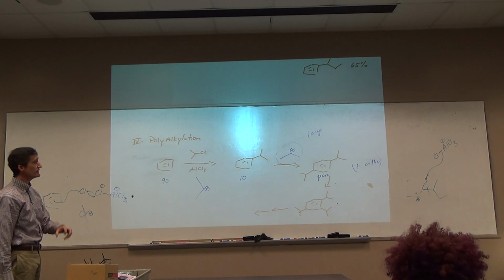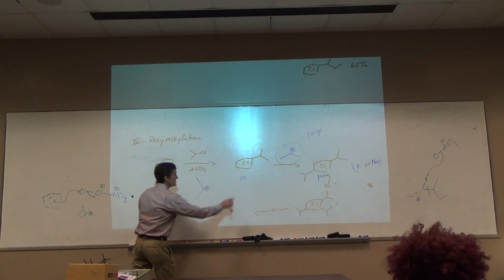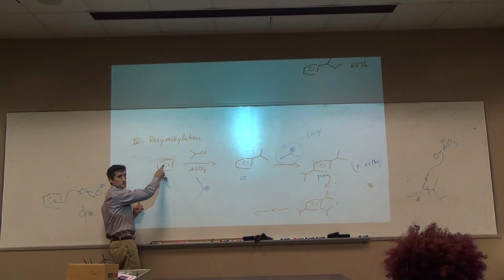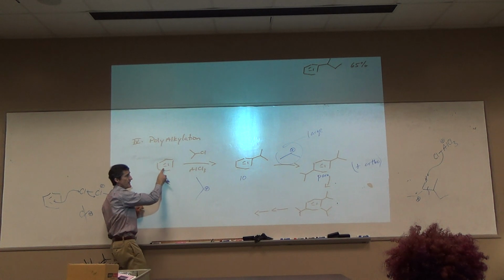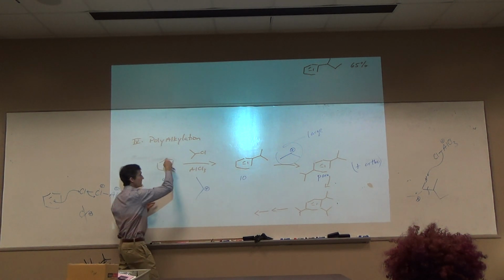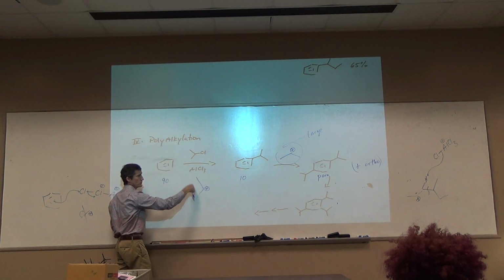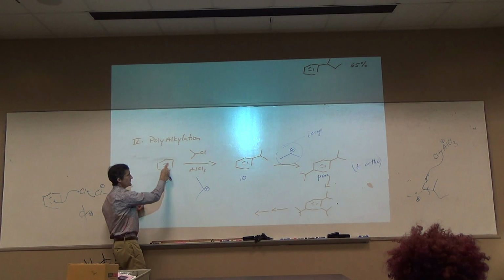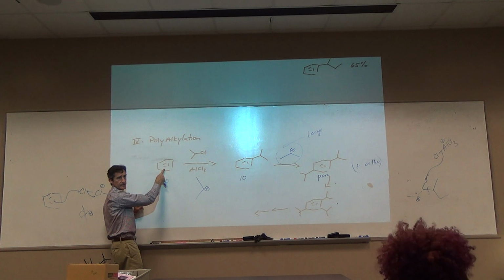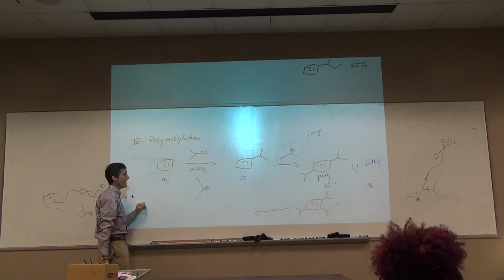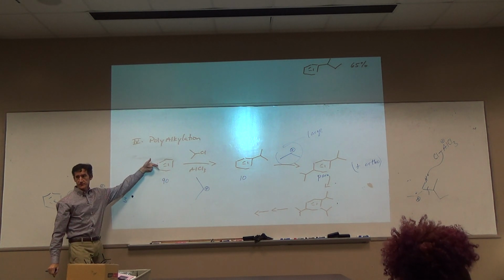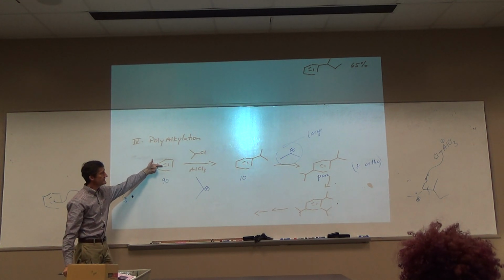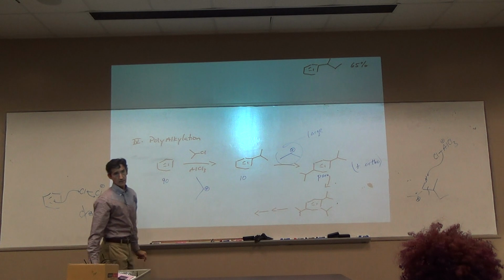Now, in practice, you can sometimes get a good yield of this by using a huge amount of this. And that way, even though this is formed, there's still a huge amount of this that makes it more prone to react. But if you do that, you're going to be left with a huge amount of this at the end. You can do that if this is easy to get rid of, and if it's easy to separate from this.